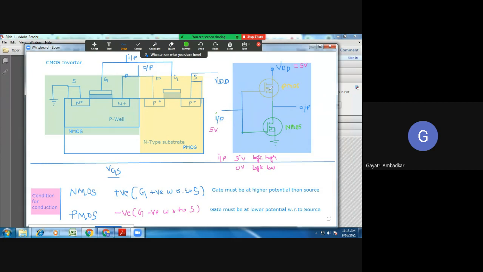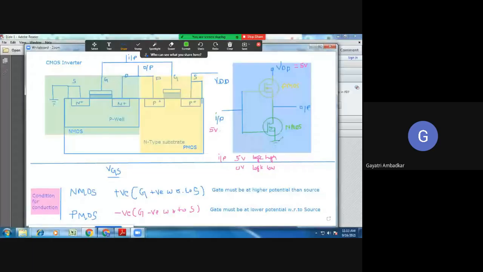Which MOSFET can conduct? The gate is common for both, at 5 volt. For NMOS the source is grounded. But for PMOS, the gate is at 5 volt and the source is also at 5 volt. Both are the same.